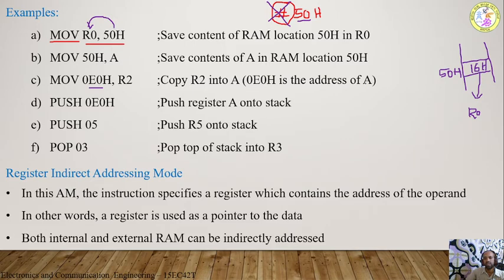I told you we can write the accumulator as a register, or we can write its address. What is the address of the accumulator? E0 is the address of the accumulator. And I told you that whenever you write the hexadecimal number as a starting number, that must be preceded by 0 here, and H stands for hexadecimal.